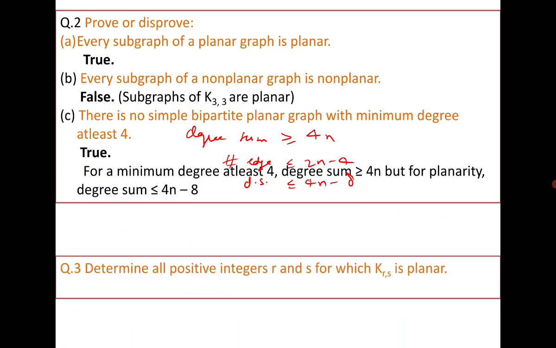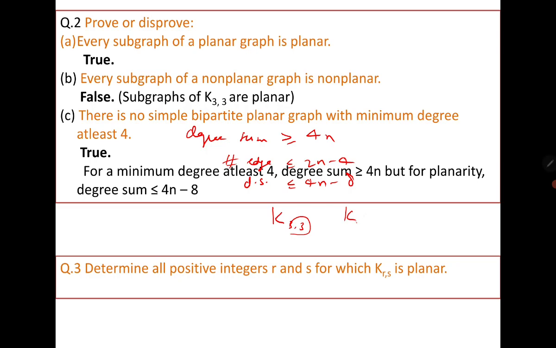The next question says: determine all positive complete bipartite graphs which are planar. So if we consider K33, or if both the numbers are greater than or equal to 3 simultaneously, then it would have a subgraph K33, and therefore for sure it would be non-planar.